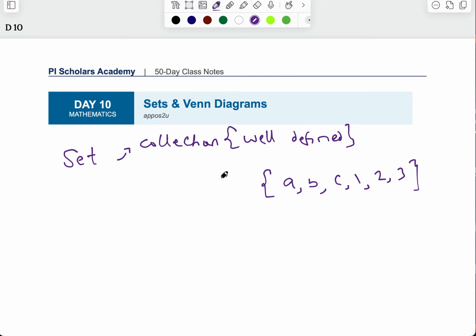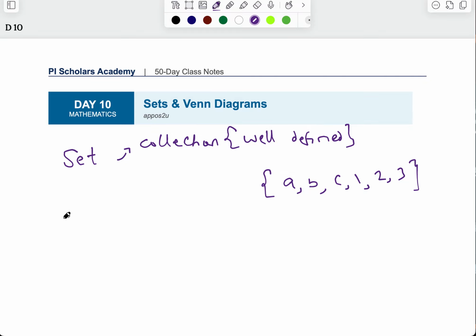Now, you need to understand that for different sets, which I'm going to be describing here, we have two major ways in which a set can be described. We have what we call the roster form, and then we have what we call the set builder form.